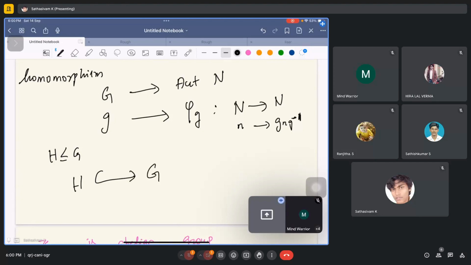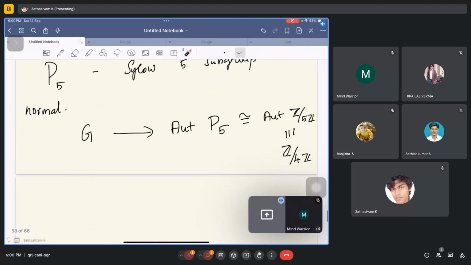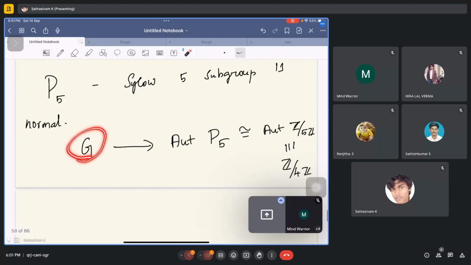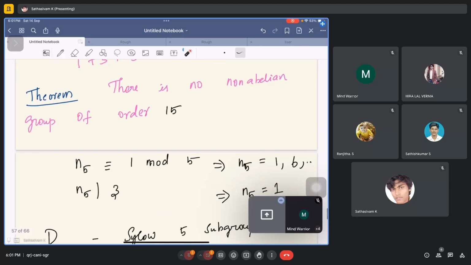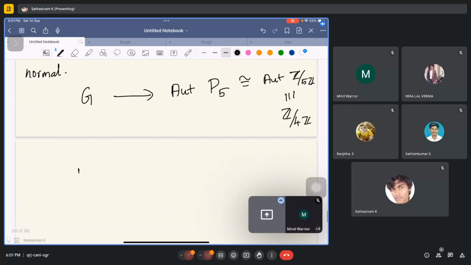You take H into G and then take it to the automorphism. So by composing, you can get a map from H to the automorphism of N. In this case, instead of G, let me look at this subgroup here. So this is basically 3 times 5. If I restrict this to P3, the Sylow 3 subgroup, you get a map from here to the automorphism of P5, which is isomorphic to Z mod 4Z.